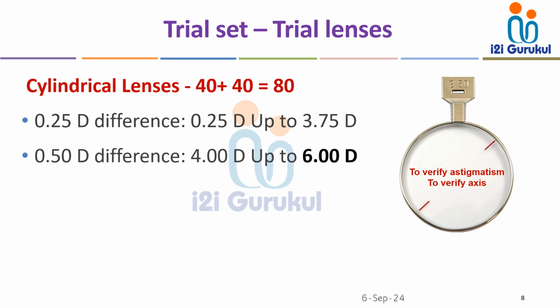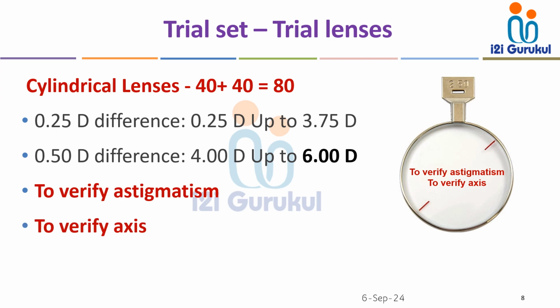So as I mentioned in the earlier slide, plus or minus 0.25 to 3.75 has 0.25 diopter steps, and 0.5 steps in the power range from 4 to 6 diopter. We use these cylinder lenses to verify the astigmatism and to verify the axis.